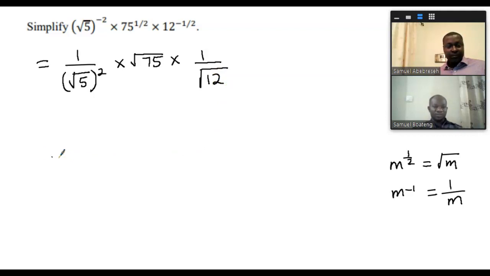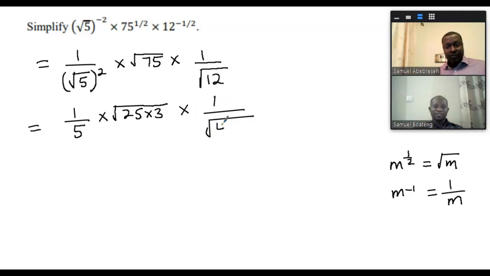Okay, so this is equal to, we have root 5 all squared can give you 5, or the square will cancel the square root, so 1 on 5, times, for the root 75, we can break it as square root of 25 times 3, times 1 on root 12, we can write it as square root of 4 times 3.